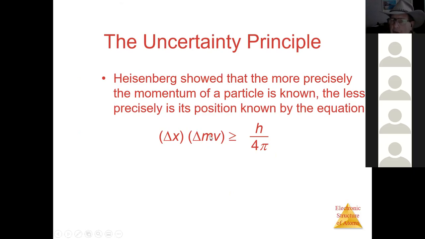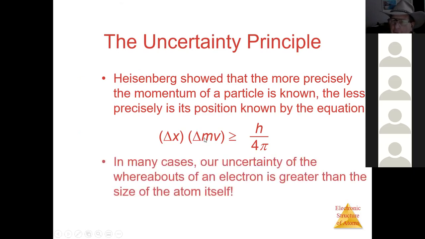So if we really know what the velocity is, then the change in velocity is very, very small. If this is very, very small, then this is very, very large. If we really know where the position is, then the possibilities of where it is are very, very small, whereas the velocity is very, very huge. The more we know of one, the less we know of the other.